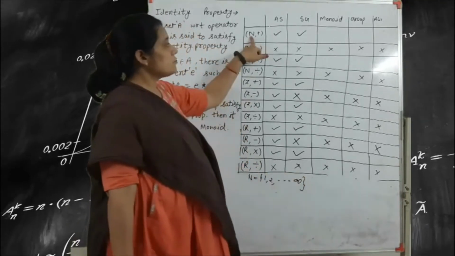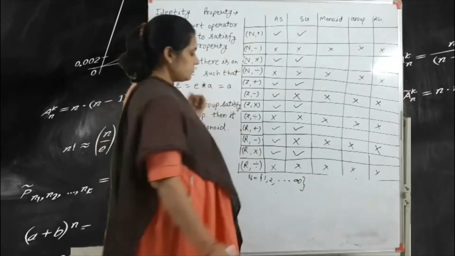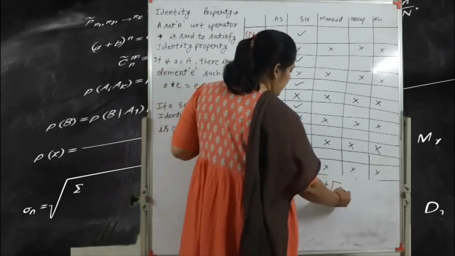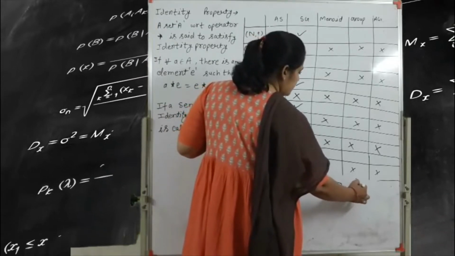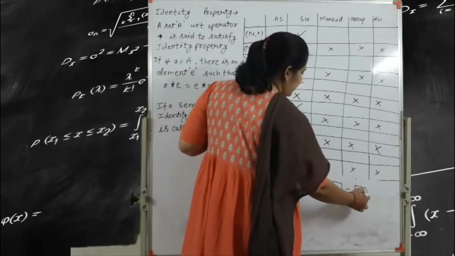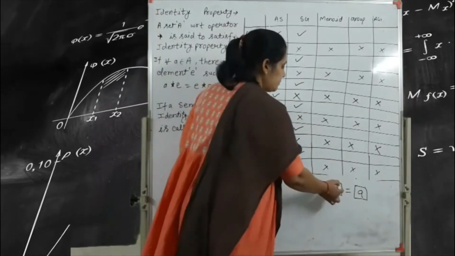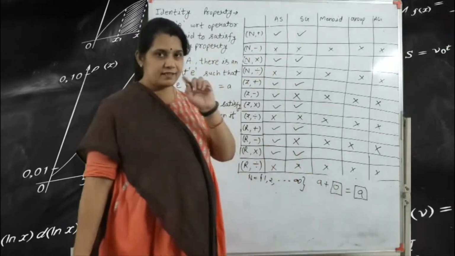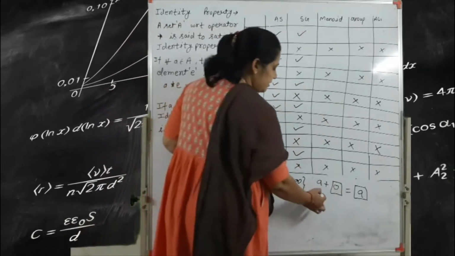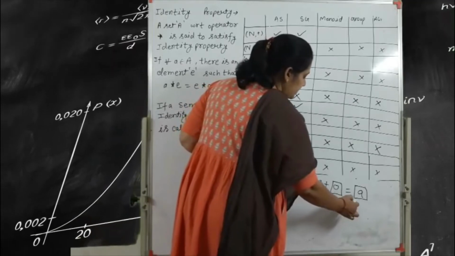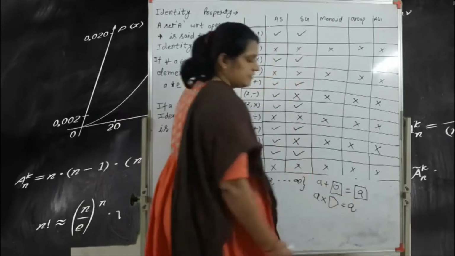Okay. If we use N plus, we have already seen that if we use a, which element do we add here to get a itself? Obviously in plus we write 0. And in case we write multiply, which element do we write here to get a itself?